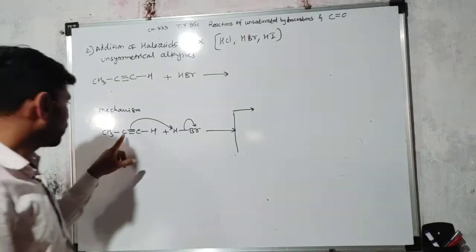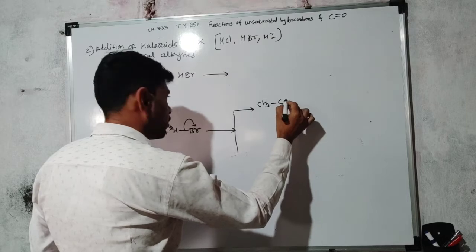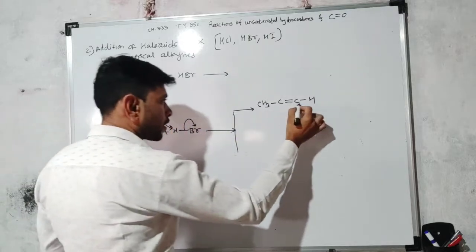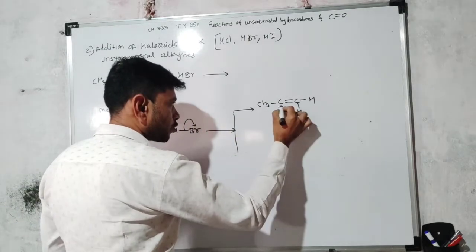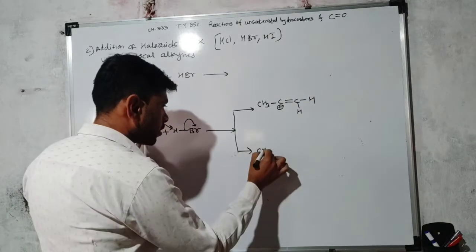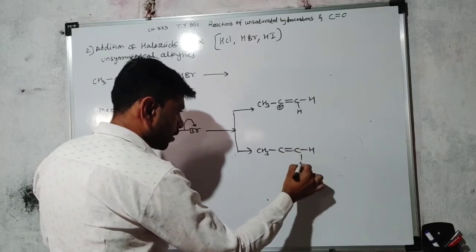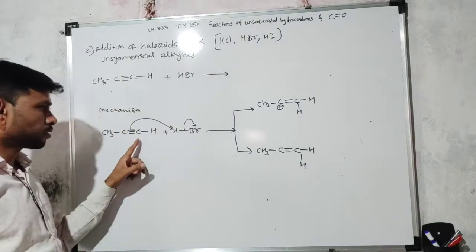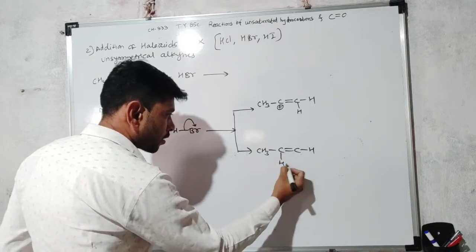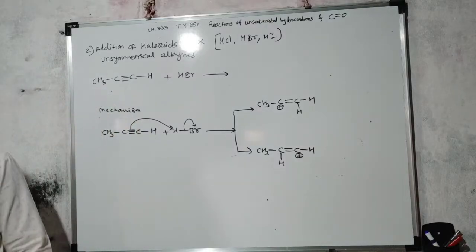See the first possibility: CH3 C double bond C H, and if this hydrogen is attached here, then the positive charge shifts to this carbon. Another possibility: CH3 C double bond C H H, where instead the hydrogen is attached here and the positive charge goes on this carbon.